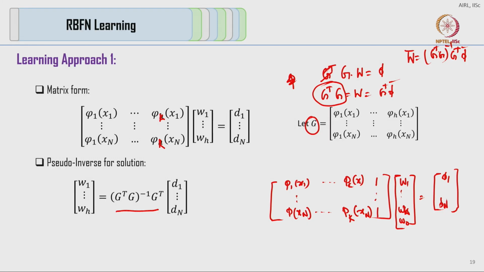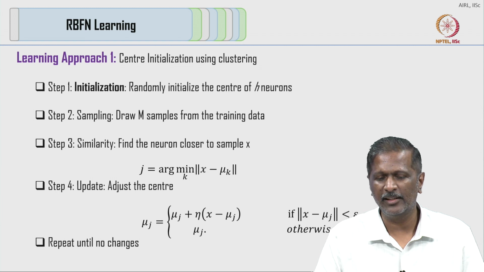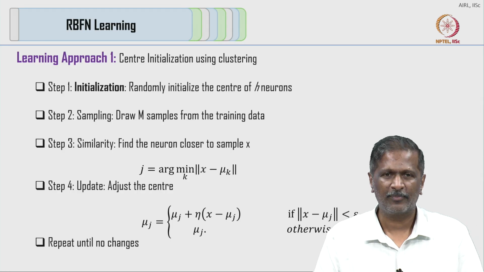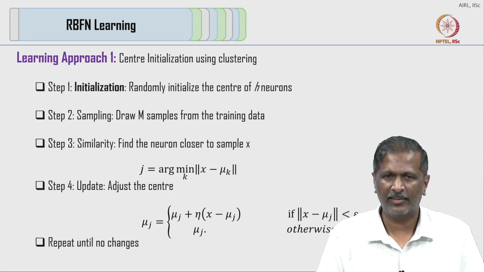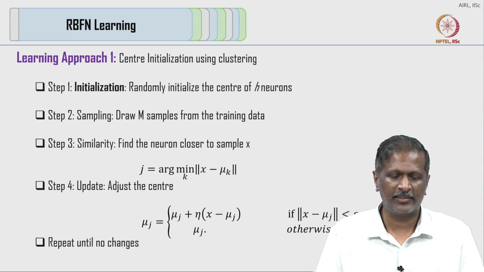Why do we need to pick the samples as a center? Can we not learn them? That is a question in front of us. Yes, you can. One can use a kind of clustering technique. I randomly initialize the neurons, right. I draw m samples from the training data. I try to find which samples are similar to a particular center.